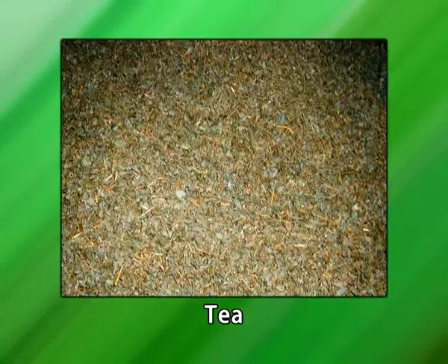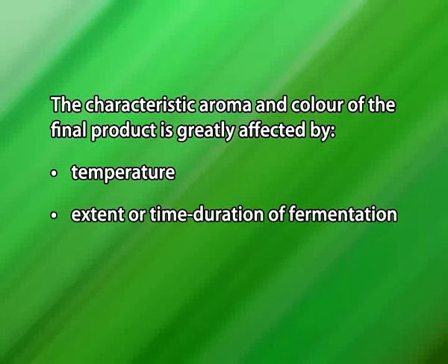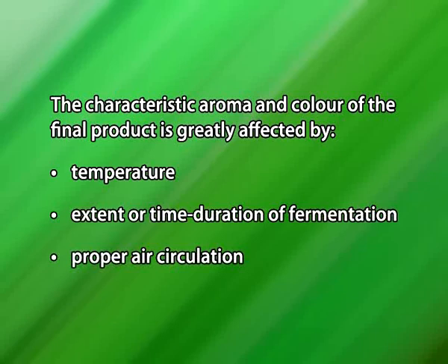On oxidation, the leaves change in color from greenish to coppery brown or eventually black and also acquire the specific aroma and flavor. The characteristic aroma and color of the final product is greatly affected by the temperature, extent or time duration of fermentation and proper air circulation.